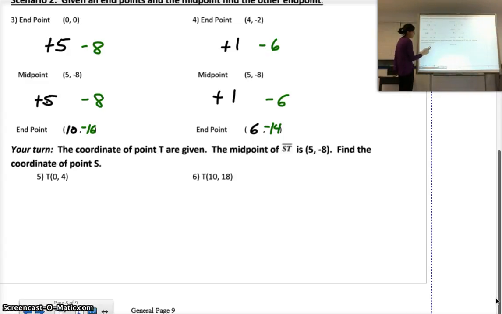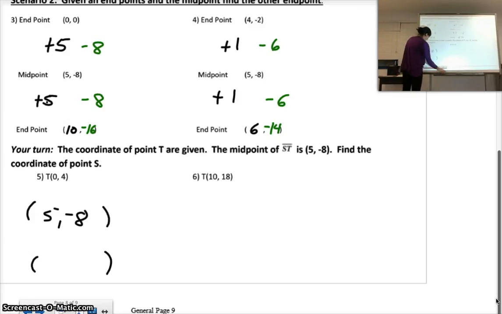Okay. We have 5, comma, negative 8. Okay. So this is our midpoint. Again, I want to know the other endpoint. So we're going to say, how did I get from 0 to 5? I added 5. So I'm going to also add 5 here to my x-coordinate.